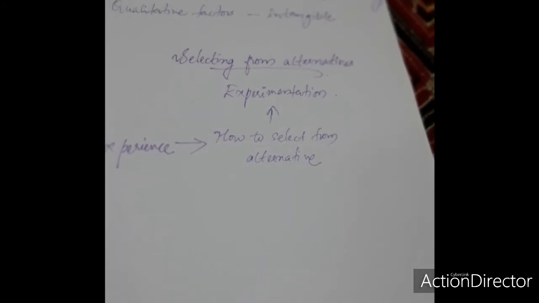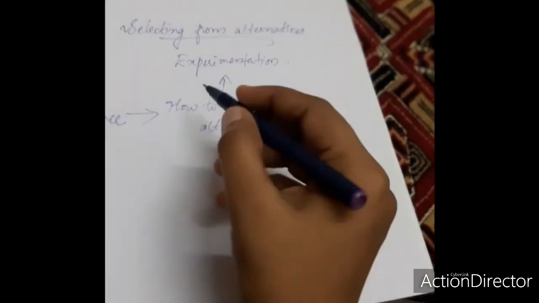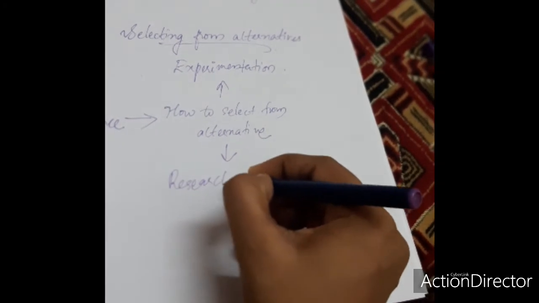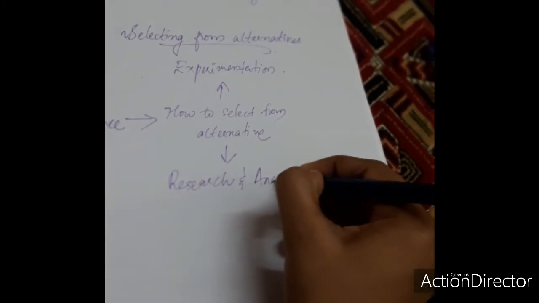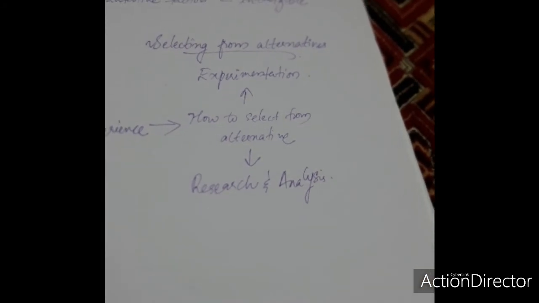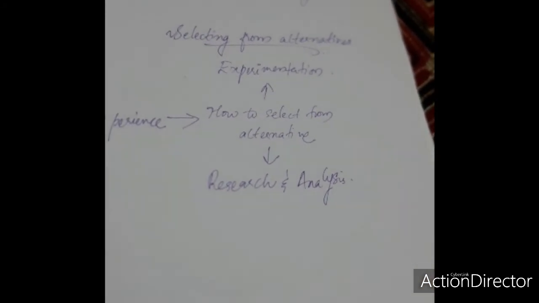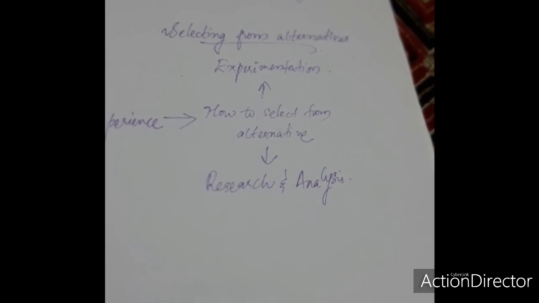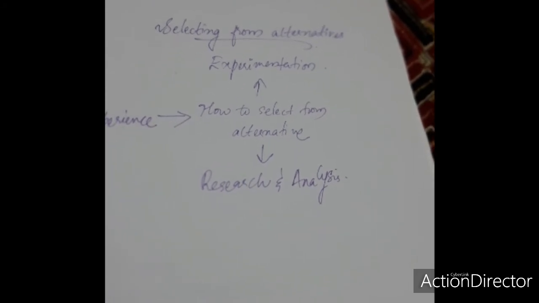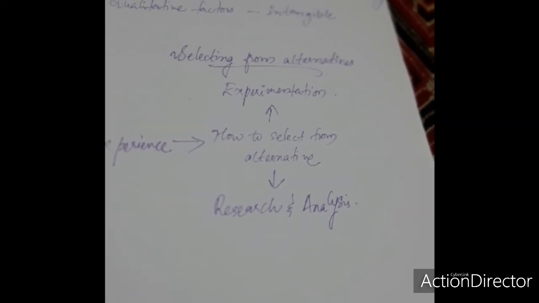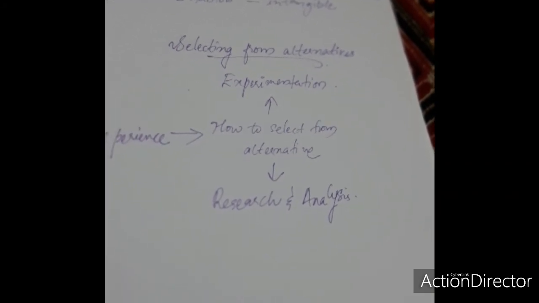Thirdly, it is research and analysis. One of the best techniques for selecting from among the alternatives when major decisions are involved is research and analysis, because in research and analysis we'll be very well sure about what the problem is, because we are doing research on this.